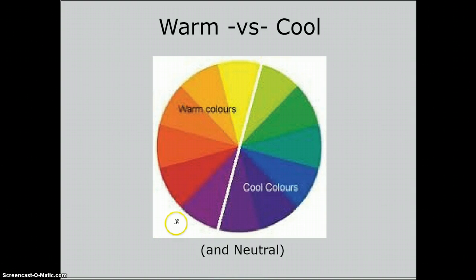But basically your cool colors are the purples, the blues, and the greens. Your warm colors, you can think of as what colors appear like in a flame. You have yellows, oranges, and reds. So these are the basics of warm and cool colors.